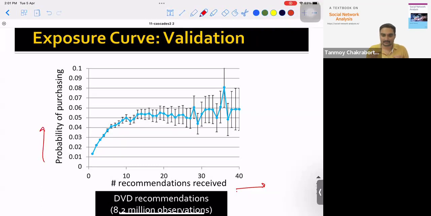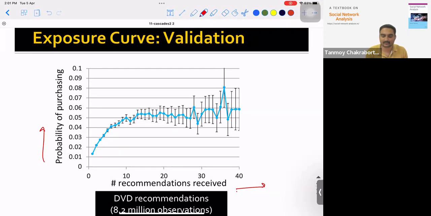Meaning that x-axis indicates that I have received recommendations from 5 of my friends or 10 of my friends, and y-axis indicates what is the probability that I will actually purchase that product. Okay, so this is exactly the exposure curve.